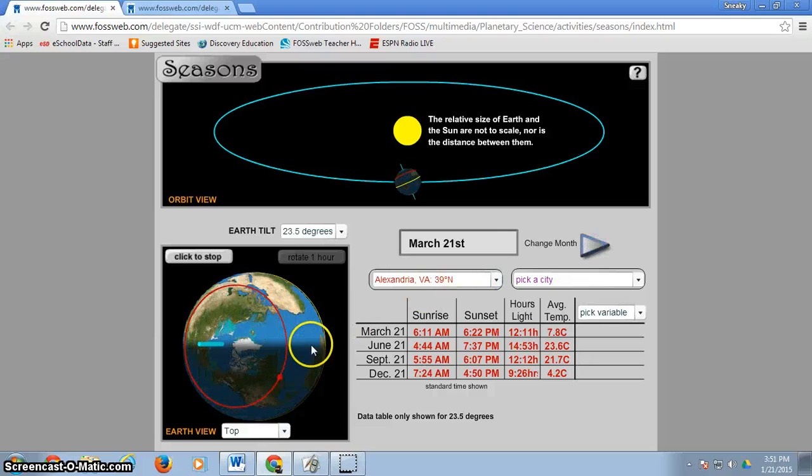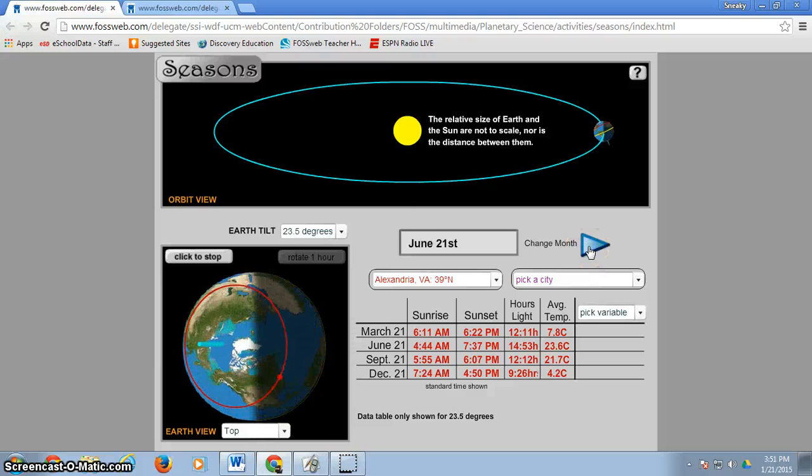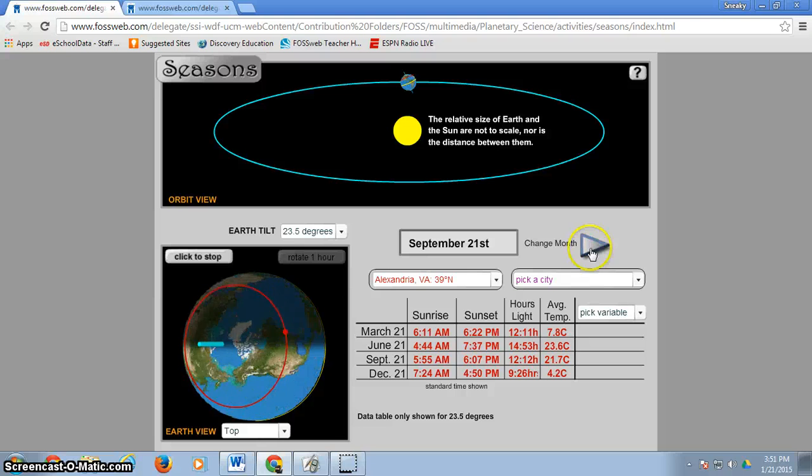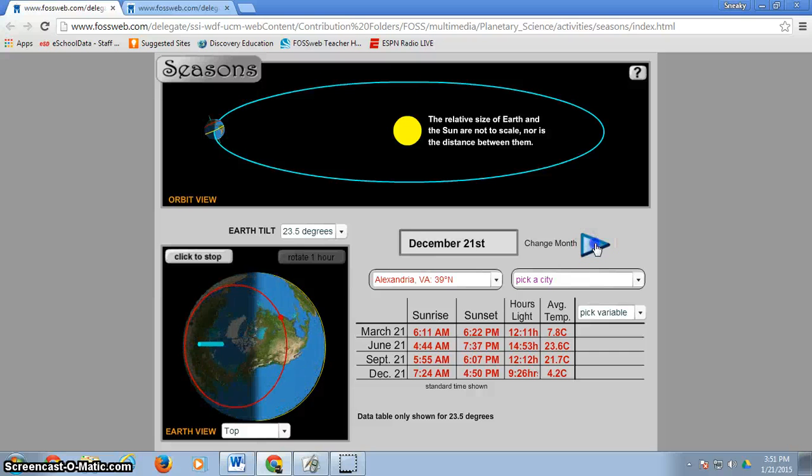When we get to March, we see half of the circle in daylight, half in darkness, and that will start to increase as we get to June 21st, where we see more of the circle on the daytime side, less on the nighttime side. And again, that will change back as we get to fall: exactly half the circle in daylight, half in darkness. And we go back to winter, where we see most of the circle in darkness, very little of the circle in daytime.